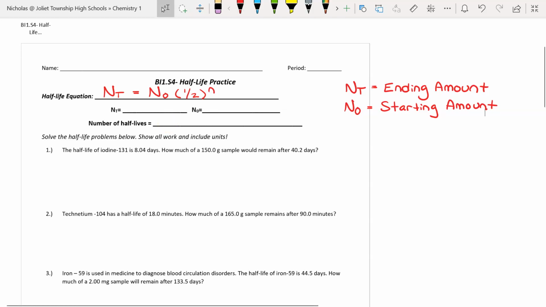So for the number of half-lives, we're going to take the total amount of time that passed, and we are going to divide that by the half-life.